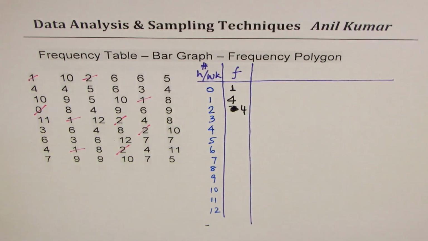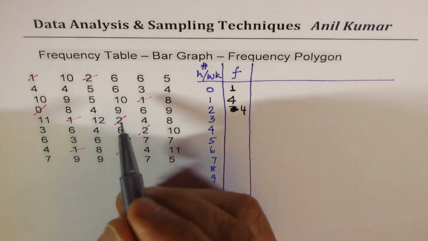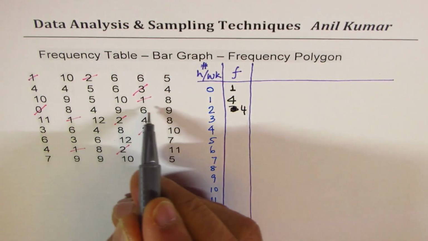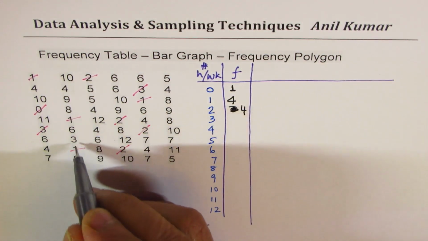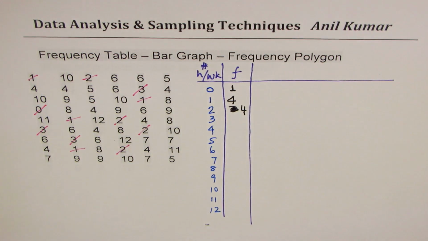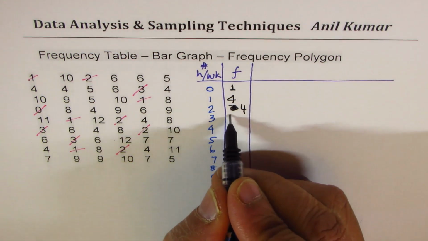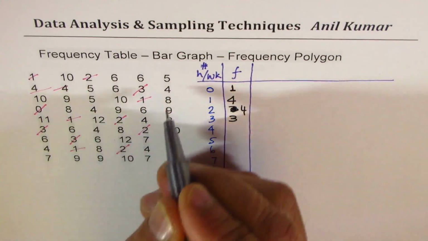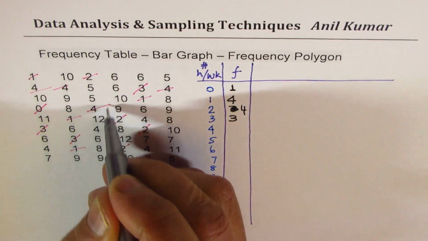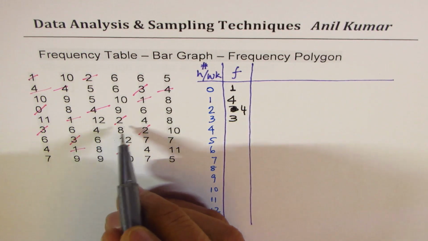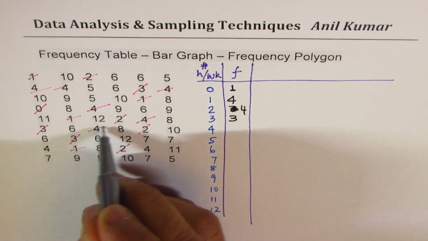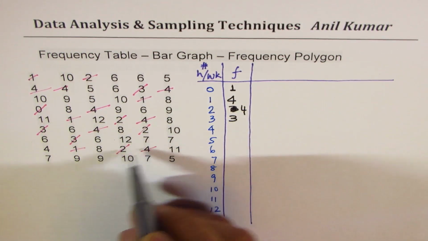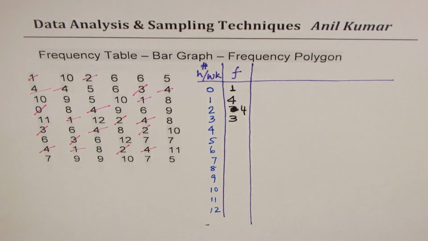Number of 3s, we have 4. Since we are marking them, it becomes easier. Even if we miss, we can always correct them. Correct? Number of 4s: 1, 2, 3, 4, 5, 6, 7, 8. So we have 8 4s.